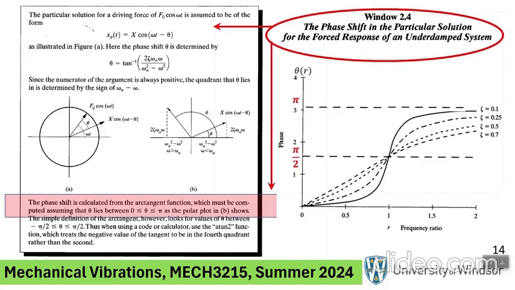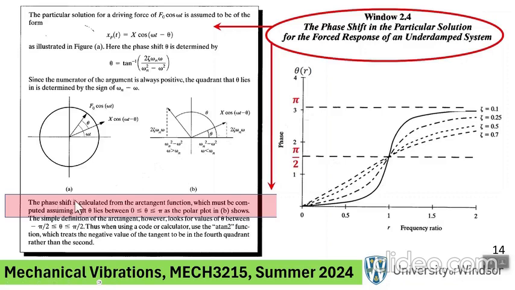You have to make sure that you adjust it so that the phase theta is always between 0 and pi. That's a must. Otherwise, you're going to get the wrong phase. As simple as that.